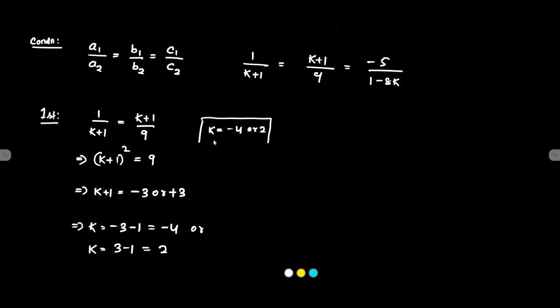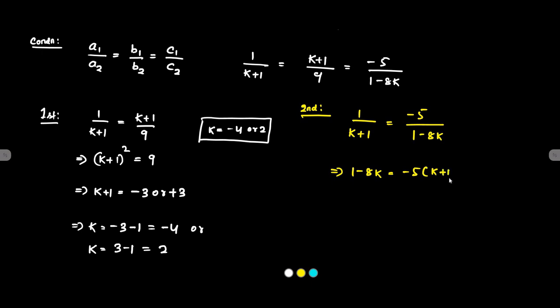So let us do the second comparison, to see what value we are getting. Let us compare 1 by k plus 1 with minus 5 by 1 minus 8k. That implies 1 minus 8k is equal to minus 5 into k plus 1.